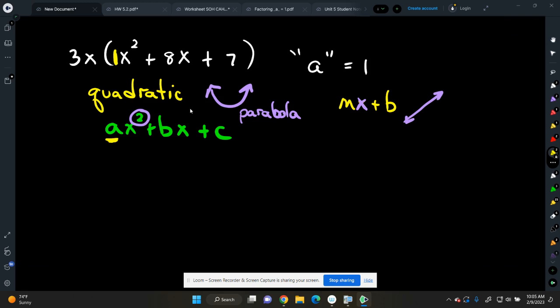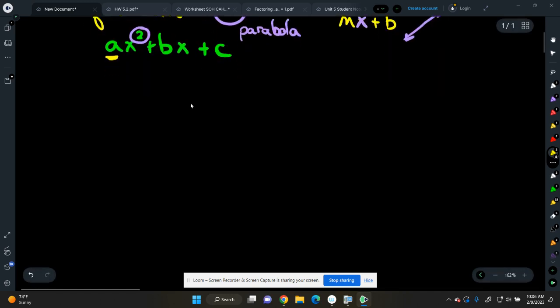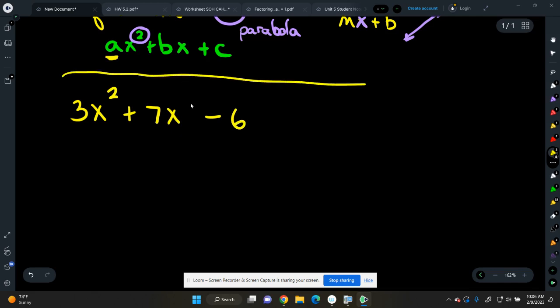Today, we're going to look at quadratics where the a is not 1. So here's an example. Say that we have 3x squared plus 7x minus 6. Okay. This makes it significantly more difficult, right?